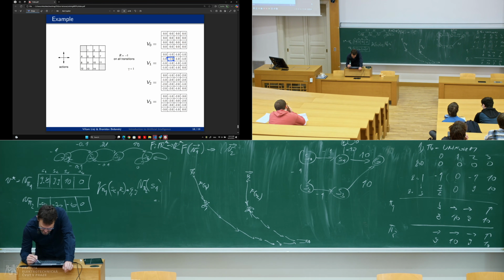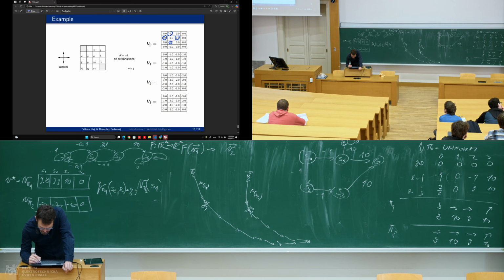You will look at these values. Everywhere you pay 1 and you get 0, so it's -1. So the value function in the next step will be -1 everywhere.